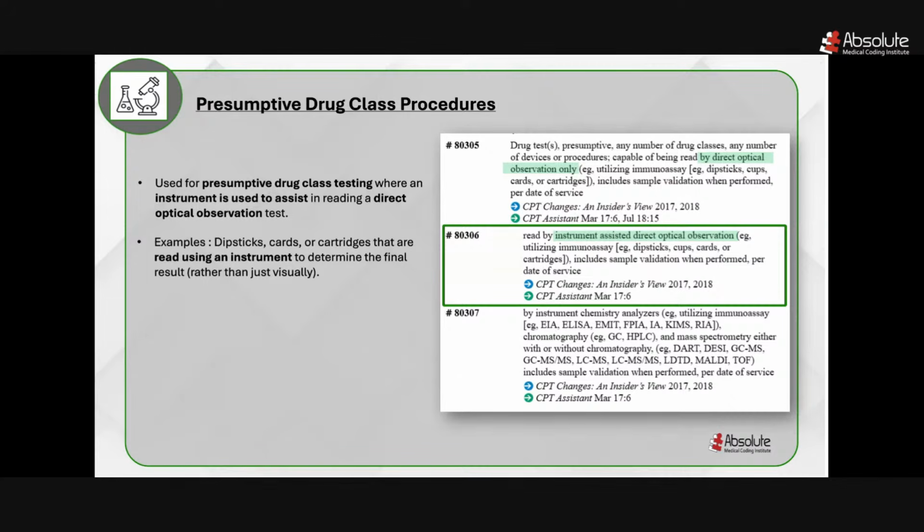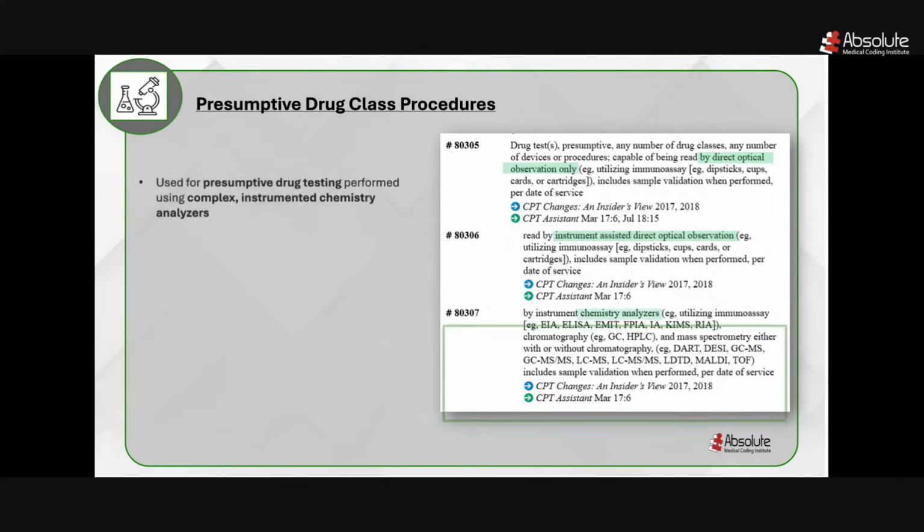All right, let's look into the final code. These are also reported only once per date of service, regardless of how many drug class tests were performed or how many results were obtained. And the next CPT code would be 80307, and this is used to report any number of devices or procedures performed by instrumented chemical analyzer.